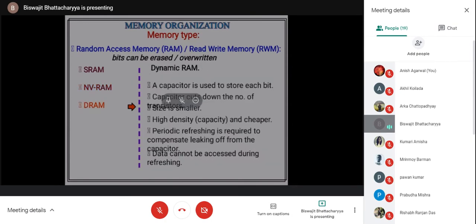Our next, or last, one is the DRAM, dynamic random access memory. Here, basically one capacitor is used to store each bit. Obviously, the presence of a capacitor cuts down the number of transistors required, so the cost is much smaller. Okay, the higher the density of capacitors, the more capacitors inside the IC, the cheaper the memory will be.